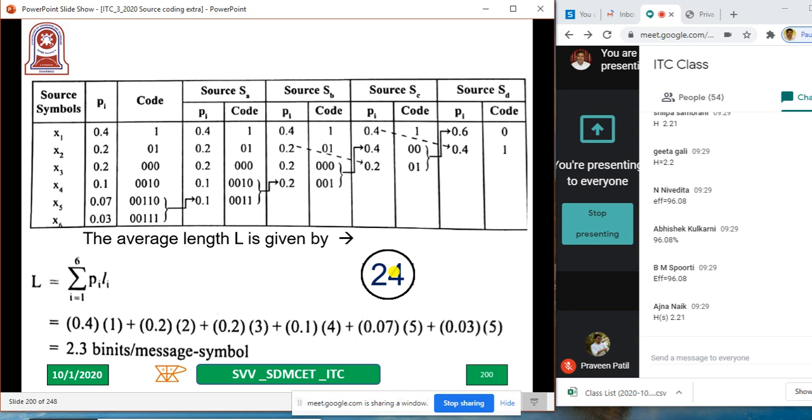Nivedita 96.08. Abhishek also the same answers. Spurti also the same answer. And Adnya has typed 2.21. Chaitra got 96%. Bharat correct. All are getting the same answers. Simran, Shilpa, Preeti, Shivani. Preeti, 2.3 is L. Shivani 2.21 H. Adnya efficiency 96.08. Same answer.